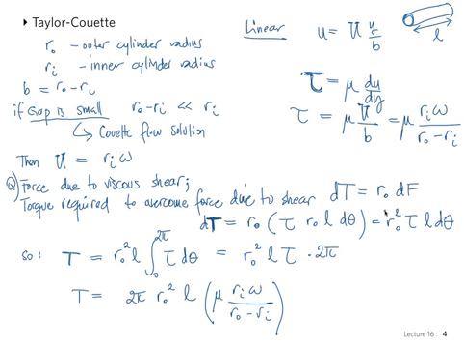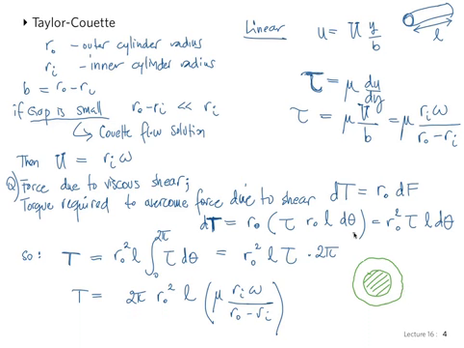The dA used here is R L d theta. If I make another picture, exaggerating the distance between the two cylinders, this is the inner one and the outer here.